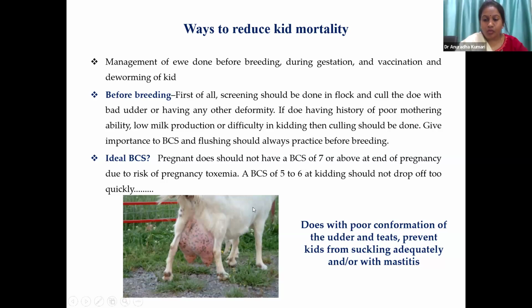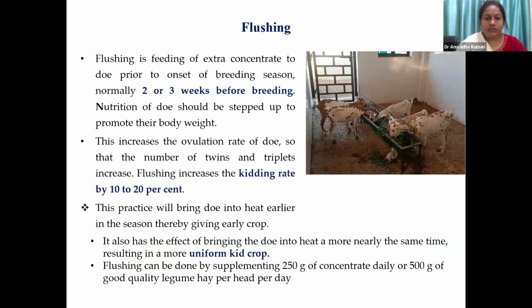If the mother has poor udder conformation, she prevents the kids from suckling, which leads to kid mortality. So it is very important to see the udder conformation as a selection criterion for selecting the female. As we have discussed, we should do flushing depending upon the BCS of the animal. Flushing is nothing but giving extra concentrate to the future mother 2 or 3 weeks before using her for breeding.